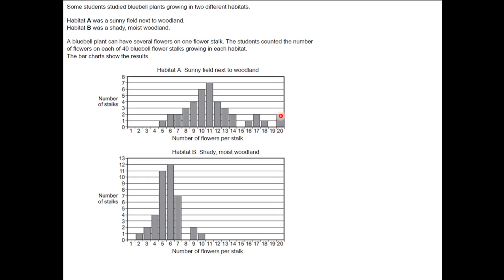There were two of them out of the 40 that I measured. 2 of them had lots of flowers. 1 of them only had 5 flowers. So I'm making sense of the data. In the shady area, they've got less flowers in general. There's one here that's only got 2 flowers on it, and none had above 10.